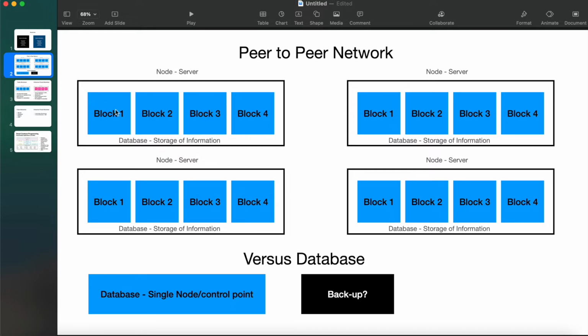If I updated anything in my block 1 and tried to change that information, my block 1 would be different from this one's block 1 and from that one's. Perhaps those block 1s would be the same, and this block 1 would be the only one that's different. So when the blockchain is constantly confirming which is the correct block, the nodes vote and say, no, our information is the same, but this one is different, so it is not like ours, so we discard that information and vote that these ones are the correct ones. That's, at a very high level, how blockchains maintain consistency of information between the different nodes.